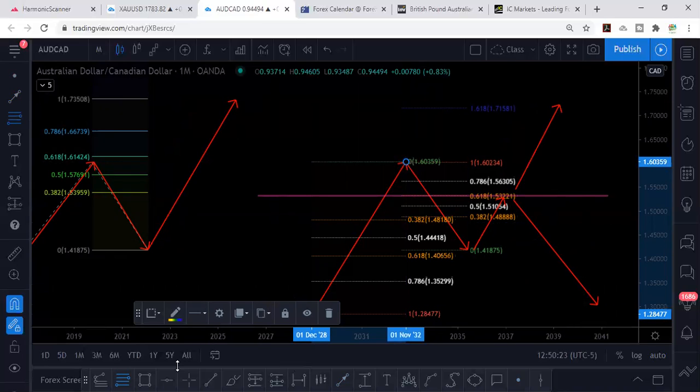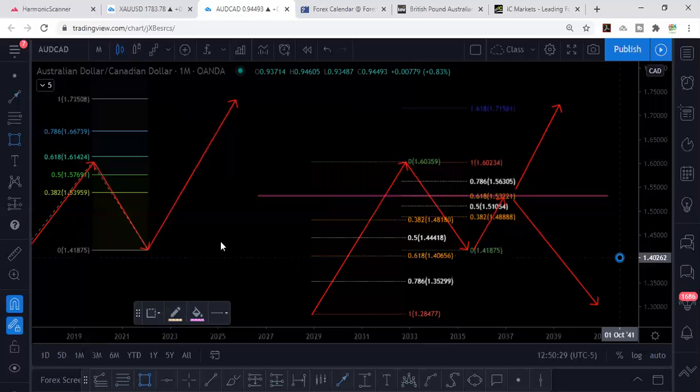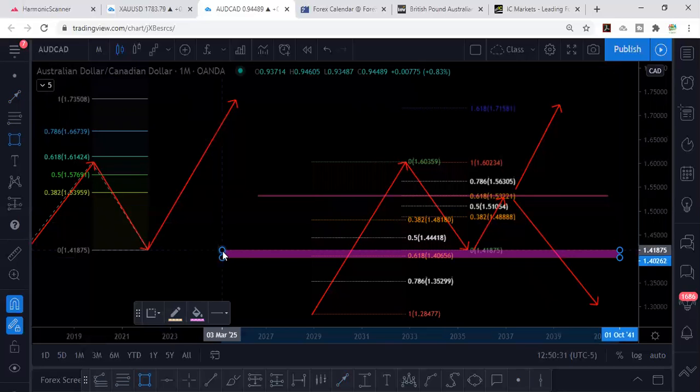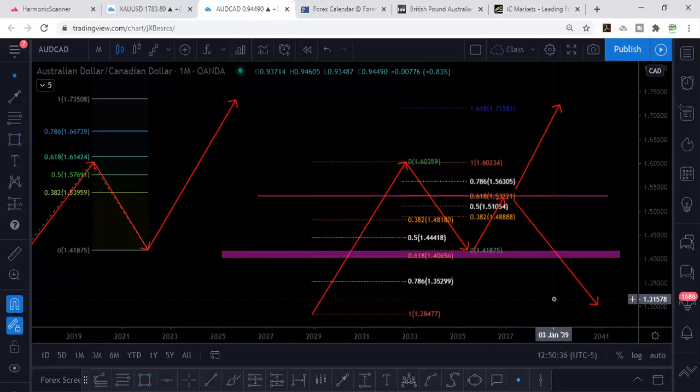We had our support here. We had our support there. Sorry. So from here, of course, you want to buy. Of course, from this point, from here.